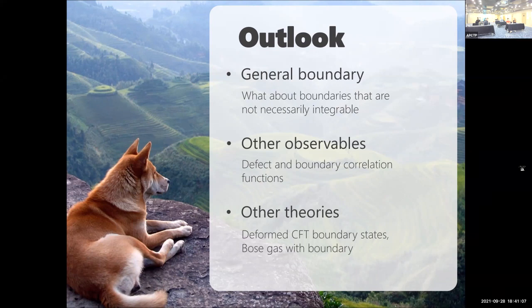What happens if these conserved charges depend on internal quantum numbers, internal charges, such that, for example, the boundary S matrix is non-diagonal? Is your result still valid? I would conjecture yes, although I have not performed the computation.